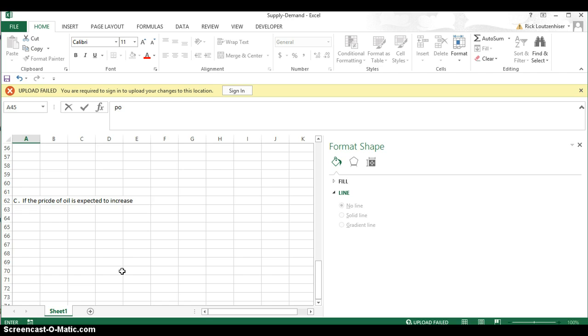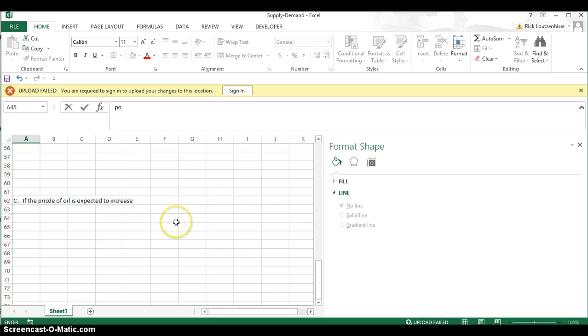Okay, the last one is, if the price of crude oil, excuse that misspelling, if the price of oil is expected to increase, this is the funny thing about economics. If people expect the price of oil to increase, the price will immediately go to the point where they think it's going to go. So it happens immediately. Alright? That's just the nature of things.